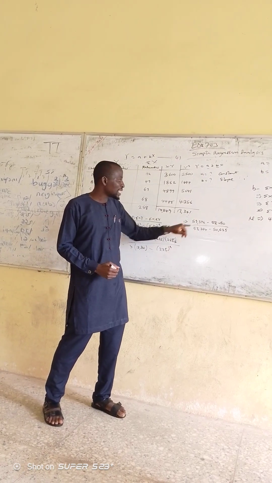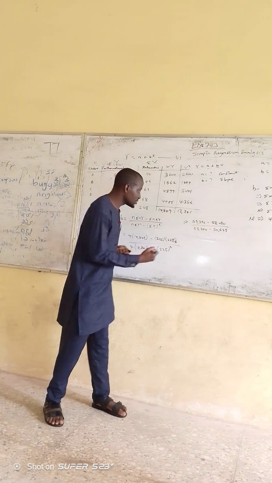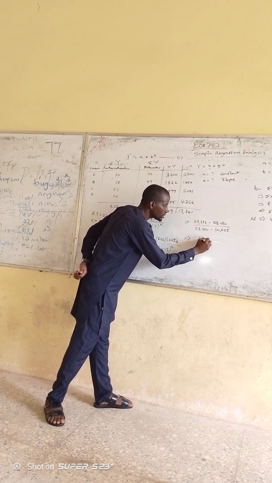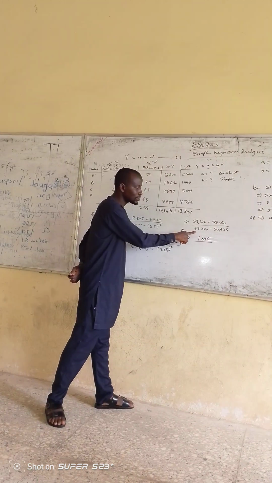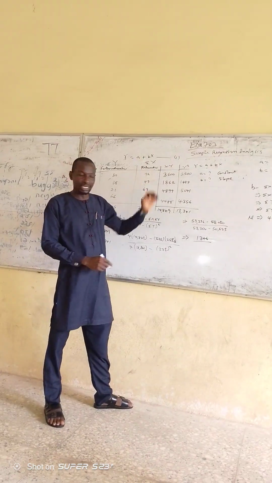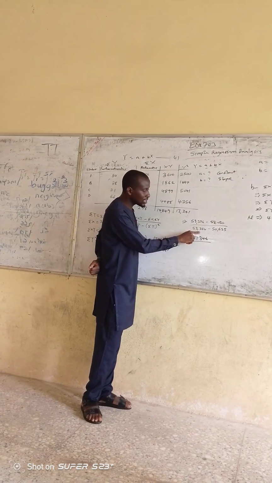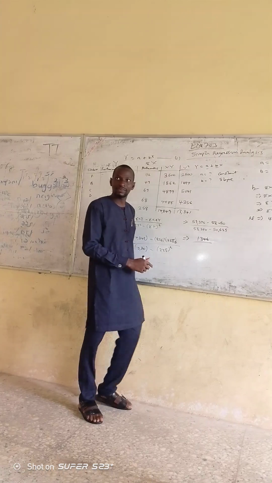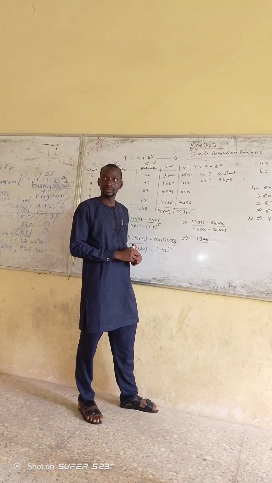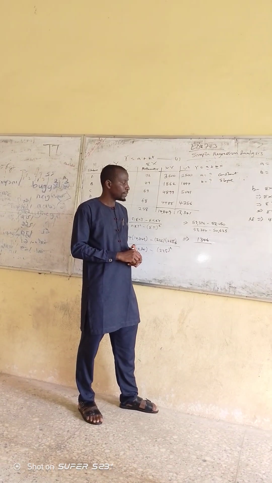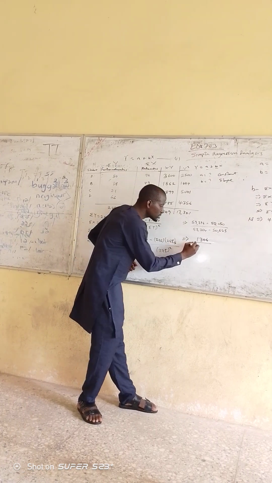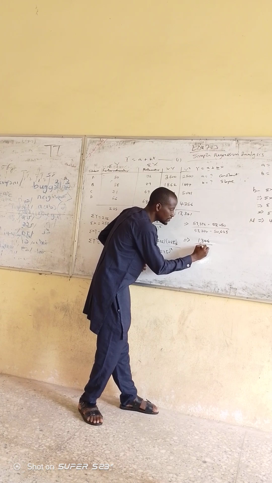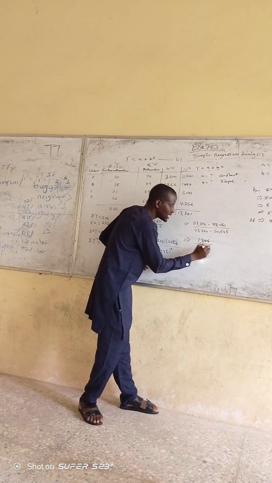59,396 minus 58,050 is 1,346. That's the numerator. We are done with that. 53,364 minus 50,625 will give you 2,739.